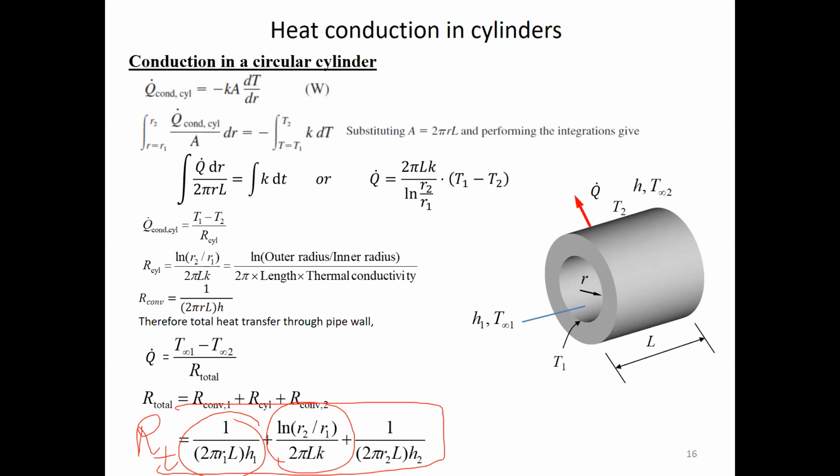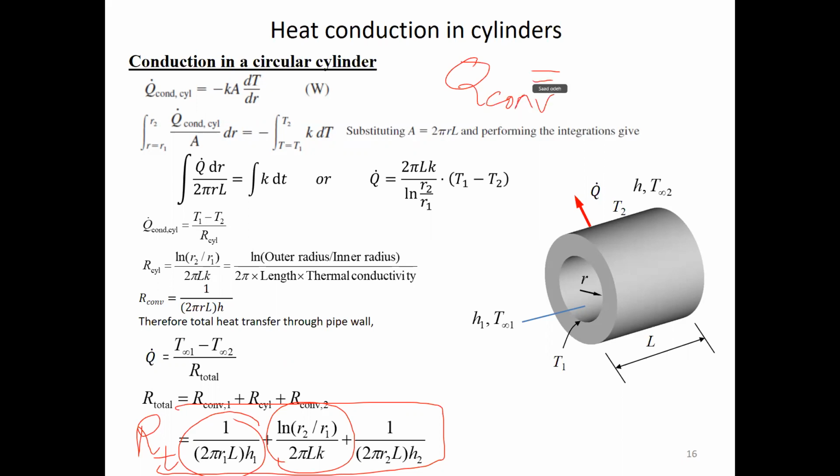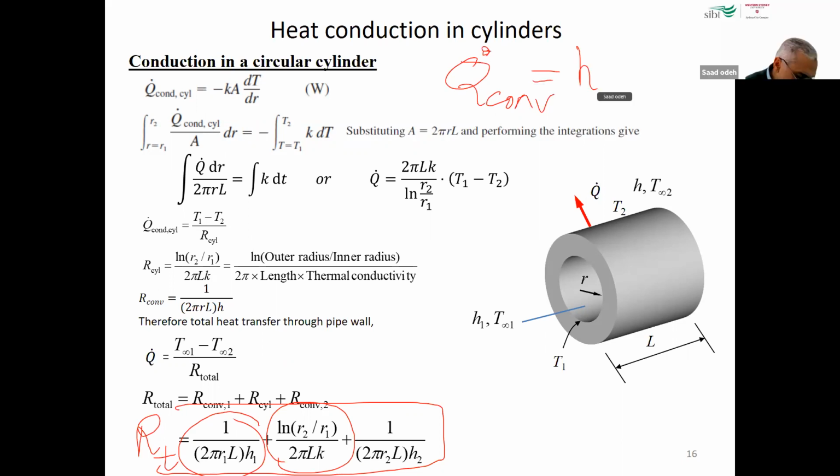Sorry, excuse me. What was the H value? H is the heat transfer coefficient. Remember Newton's law? We said Q by convection is... You remember the equation? H multiplied by A multiplied by T1 minus T2, or in or out.